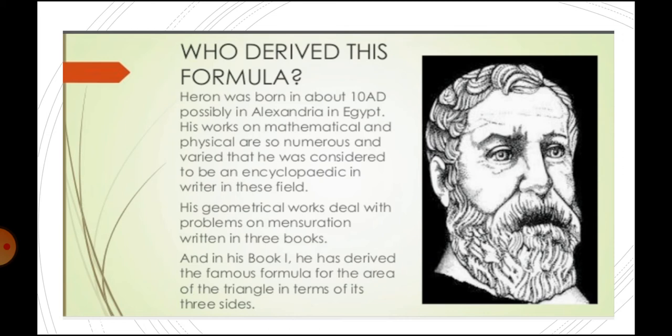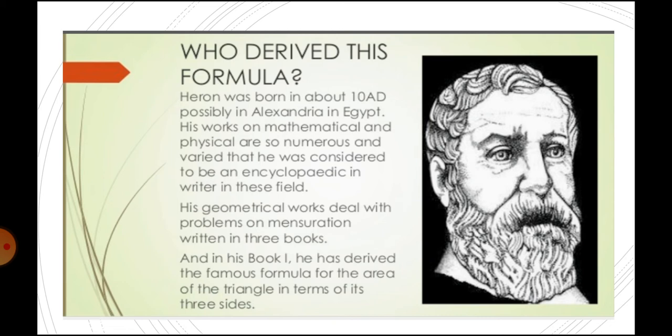Heron's formula was founded by a Greek mathematician called Hero in the year 1680. This formula is used to calculate the area of a triangle using just the three side lengths.